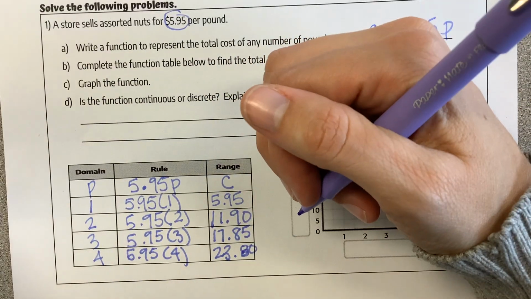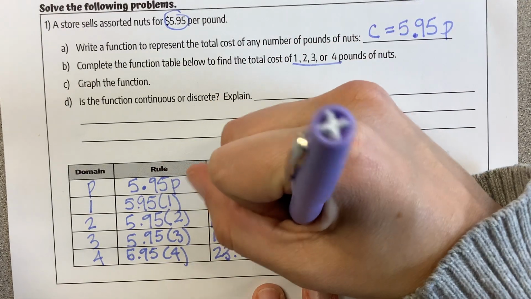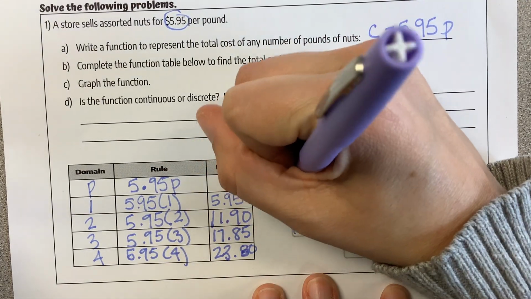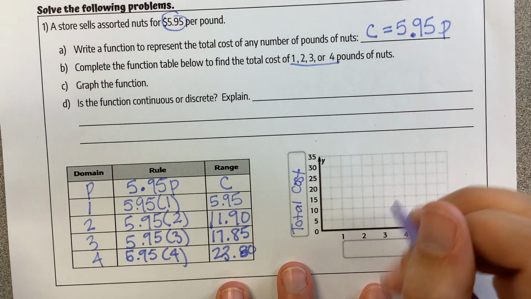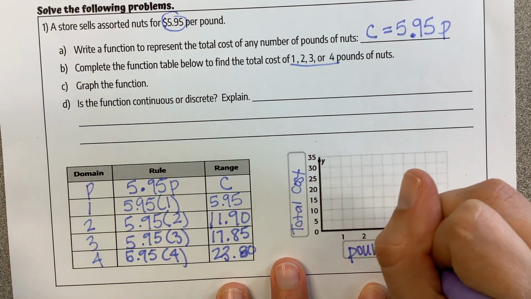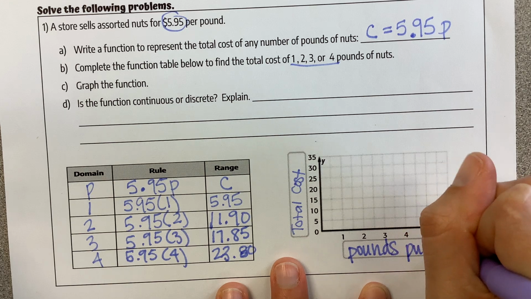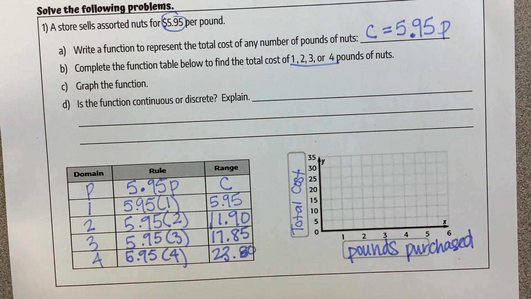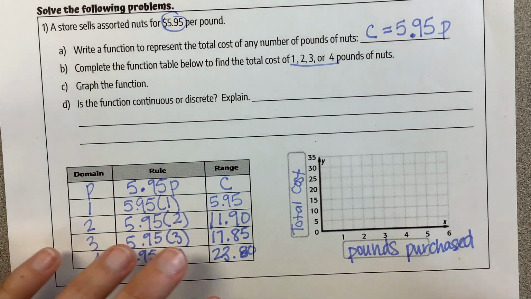Our Y is representing the total cost. Our X is representing the pounds purchased or number of pounds. And then we're not going to be able to graph this perfectly because it's hard when you have decimal values, but I'm going to try to do it as close as possible.